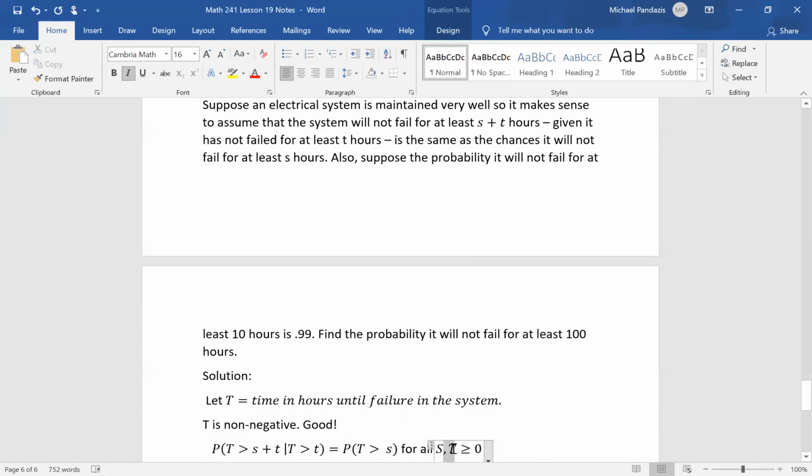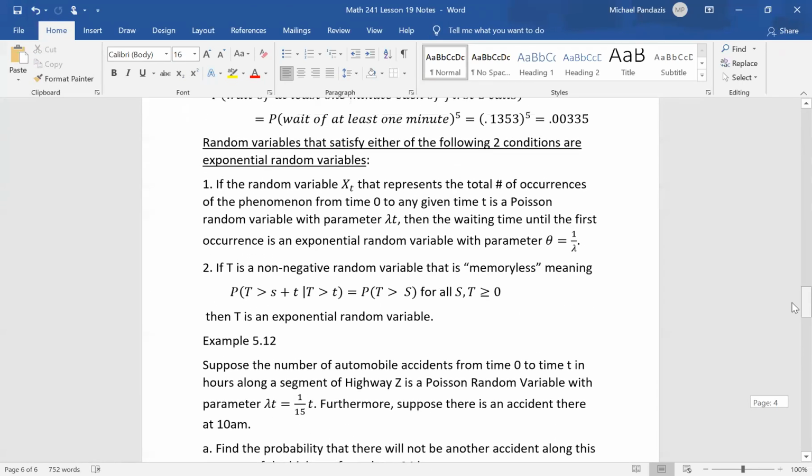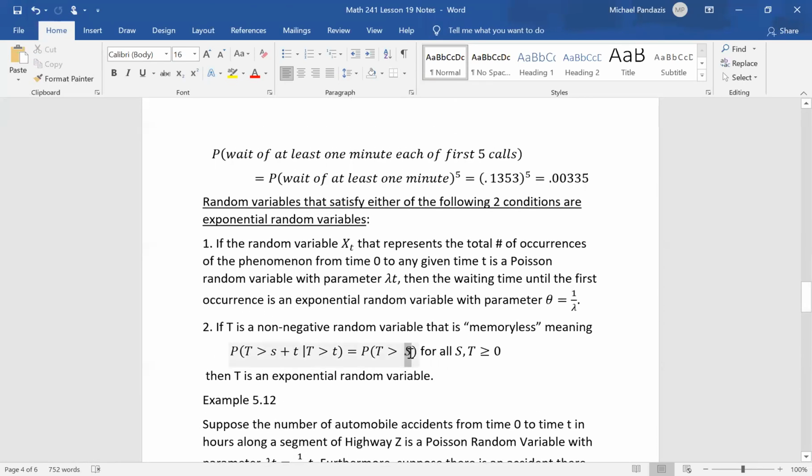This is little s, little t. Okay, let me fix that. s, t greater than 0.